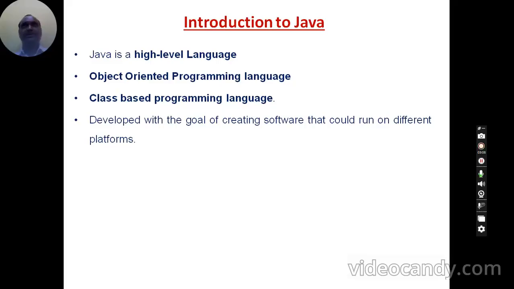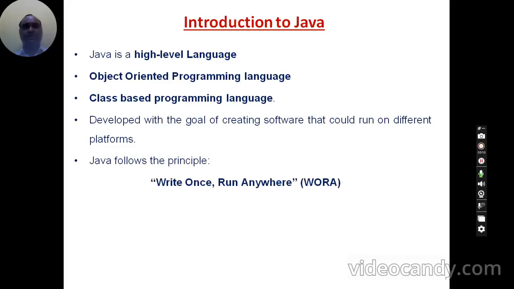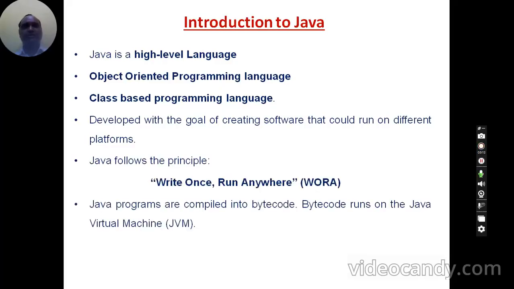Java was developed with the principle that once you write a program, it can run anywhere. This principle is called WORA, which means write once, run anywhere. This is the principle behind the development of Java. It is not like that in C or C++ languages.